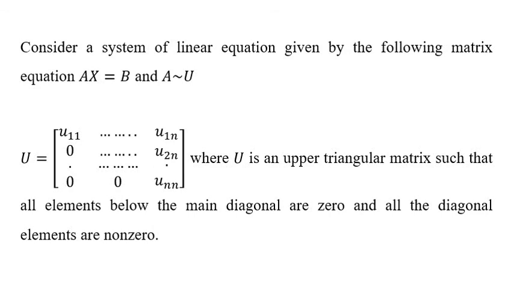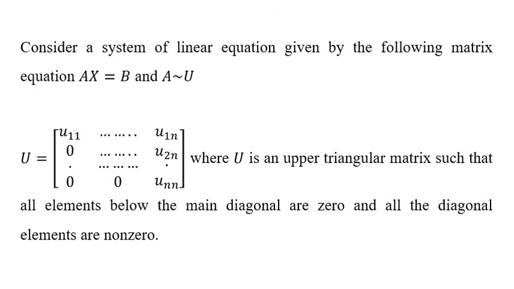And whenever we consider a matrix A, we can convert that into an upper triangular matrix denoted by U, where U equal to U11 etc. U1n, 0 etc. U2n, etc., 0 0 etc. Unn, where U is an upper triangular matrix such that all elements below the main diagonal are 0 and all the diagonal elements are non-zero.